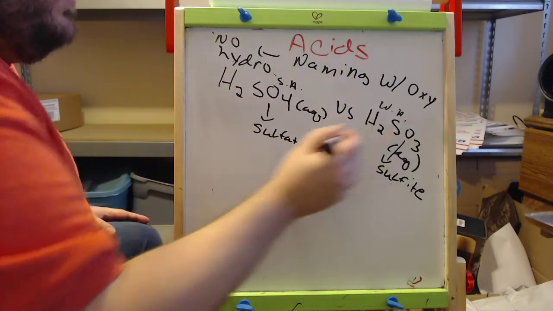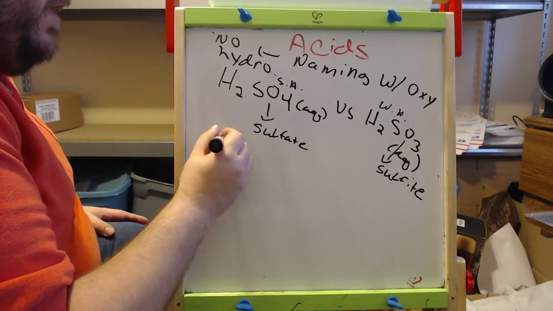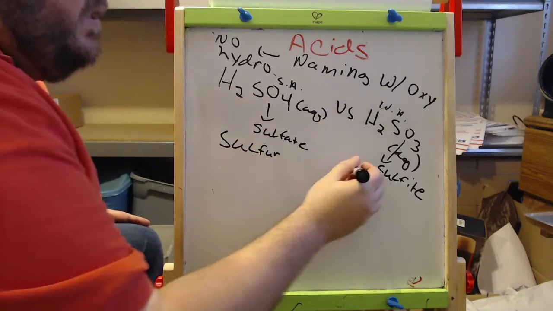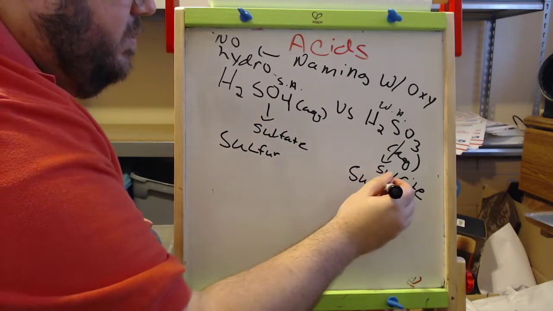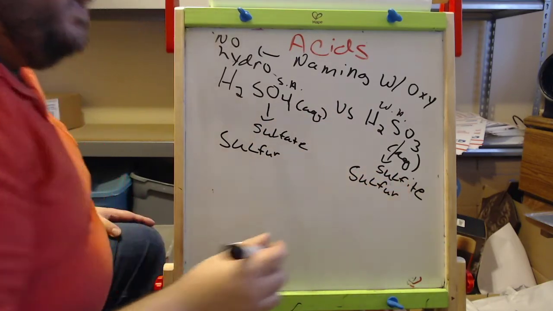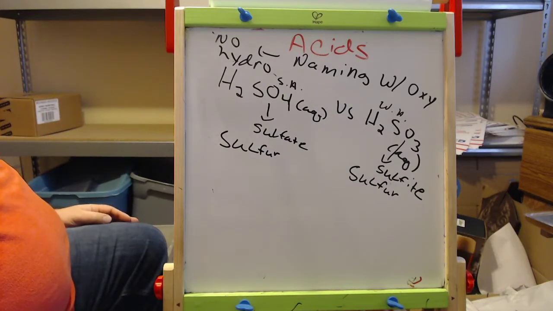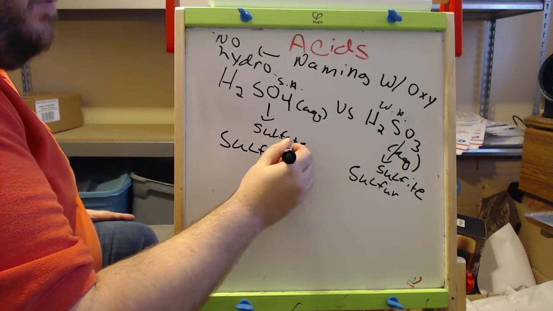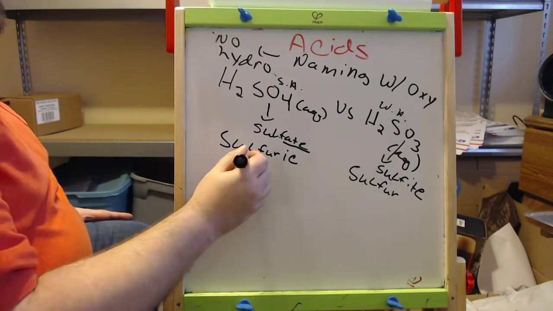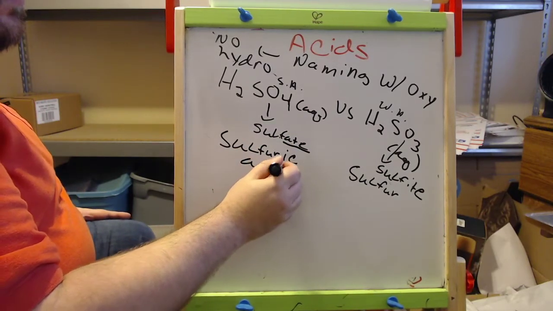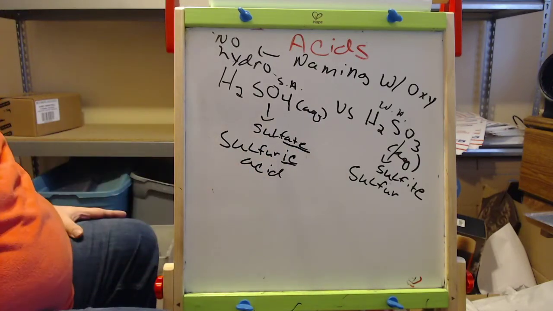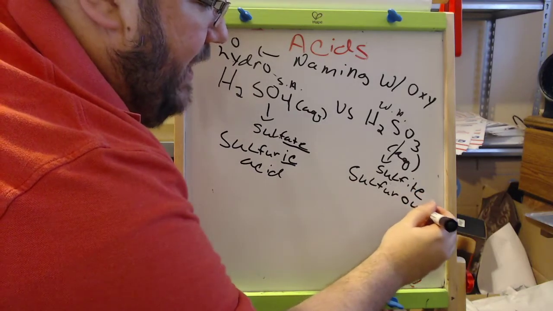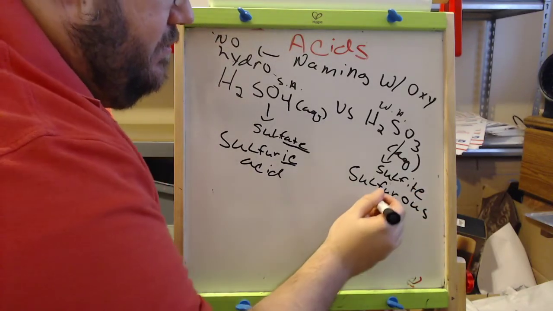Now, we don't use hydro. We take the root of our polyatomic. In our case here, the root is going to be sulfur. If I end in ate, I become sulfuric, and then I add acid. Ate is ic. Ite becomes ous acid.